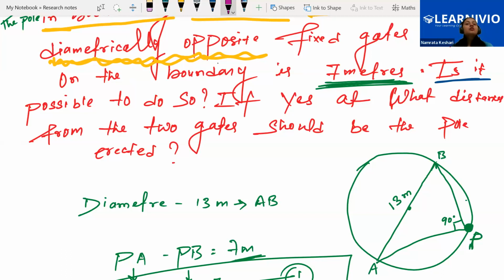Okay, so in any board problem, in any question, if it is clearly written, is it possible to make a quadratic equation, is it possible to do so, you have to go and check the discriminant b square minus 4ac. If that is greater than 0, then we will proceed and say that yes, it is possible.